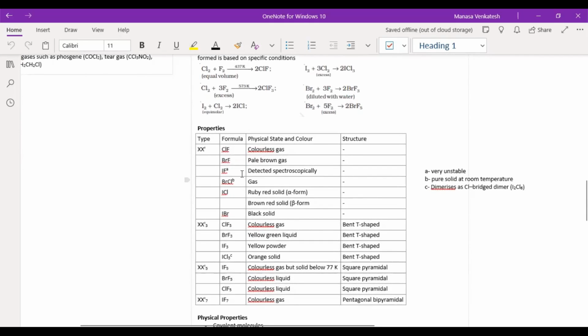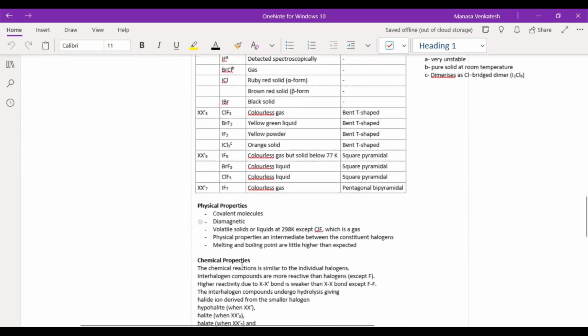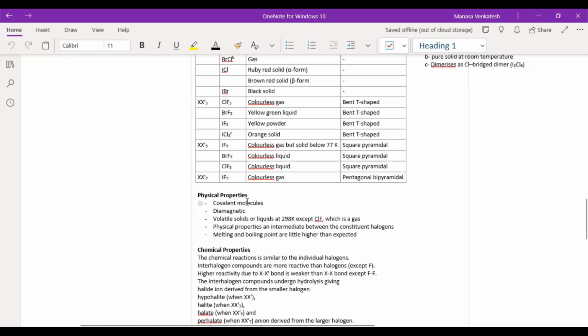So here you have the various interhalogen compounds. Generally, these compounds are covalent. They are diamagnetic and they are volatile solids or liquids, except for ClF, which is a gas. The physical properties are intermediate between the two constituents, so between chlorine and fluorine, for example, will be the physical property of the particular interhalogen.